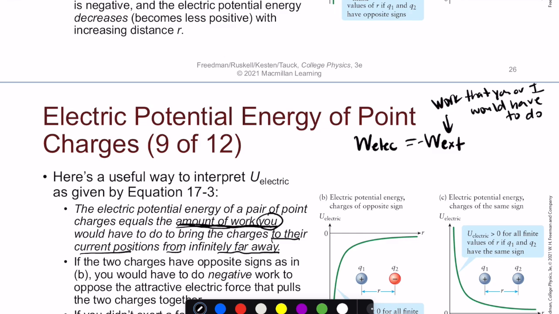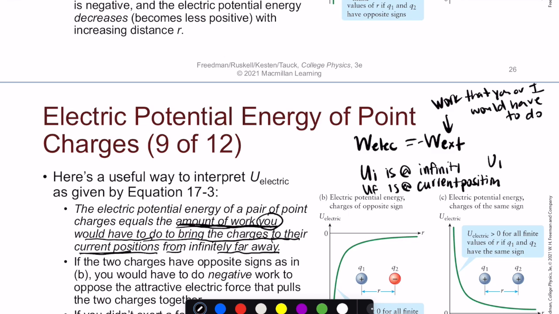The second thing is to look at the second part of the sentence: the work we would have to do to bring the charges to their current positions from infinitely far away. So their initial position is at infinity. The final position is the current position of the problem. Okay, so what we're doing here is U initial minus U final, right?